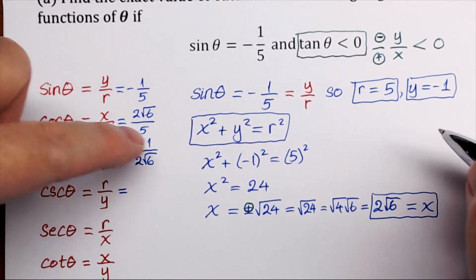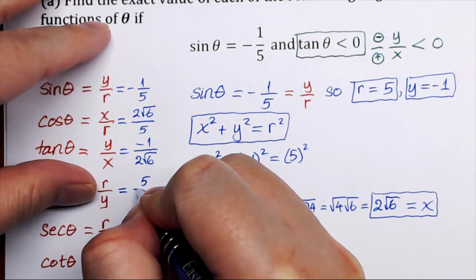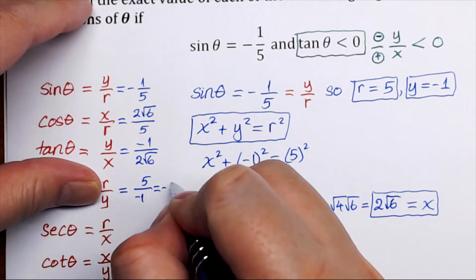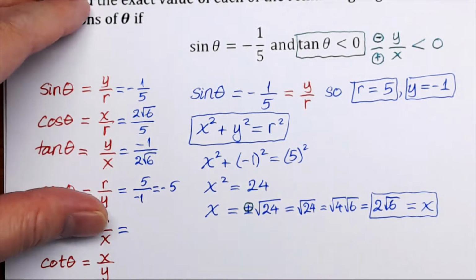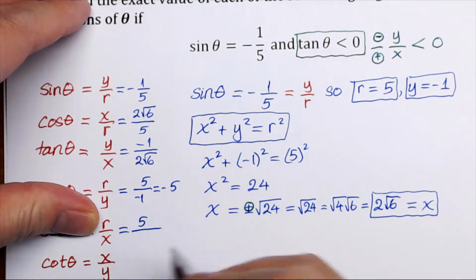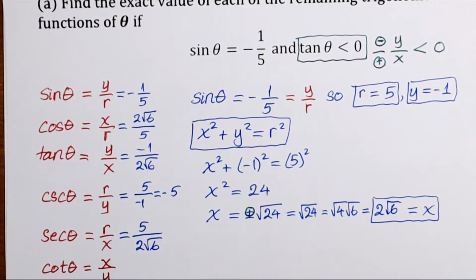R over y, r is 5 and y is negative 1. This is negative 5. R over x, r is 5, x is that. And I will just keep it like that.